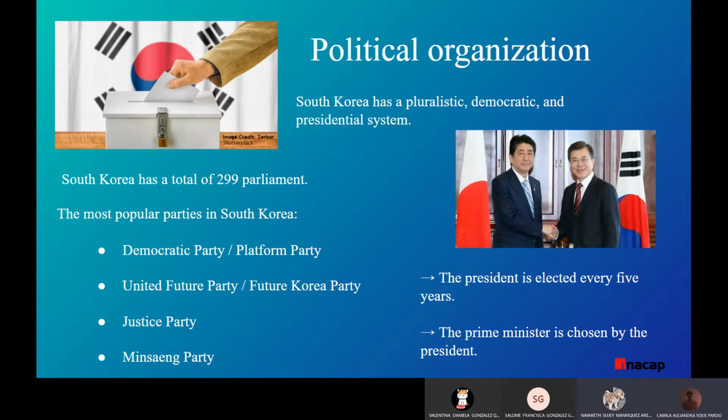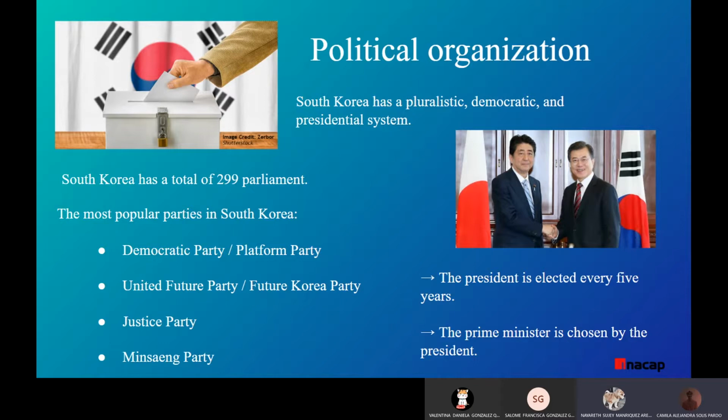However, there was a project presented to give the power to the parliamentarians to elect and remove the prime minister, and not to give all the power to the president. In South Korea, about 80% of the parliamentarians are elected directly, and the other members are elected under a proportional representation system.